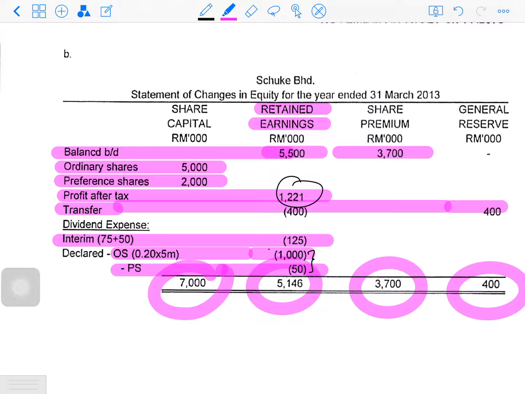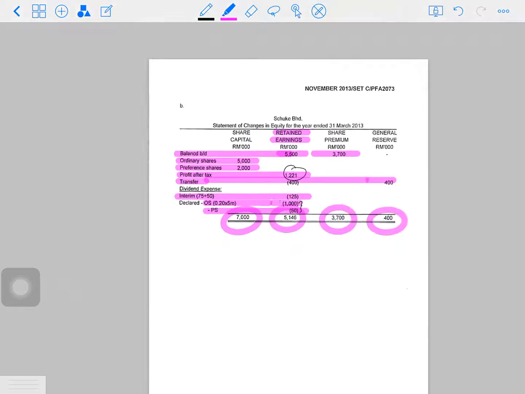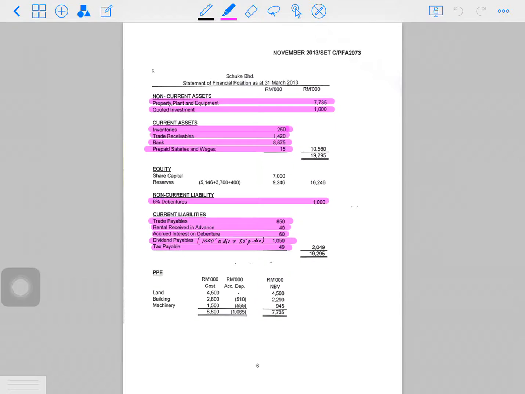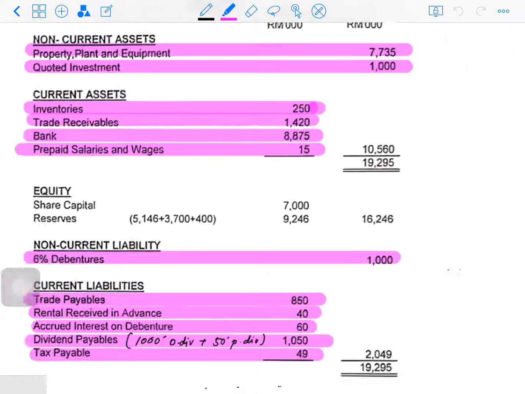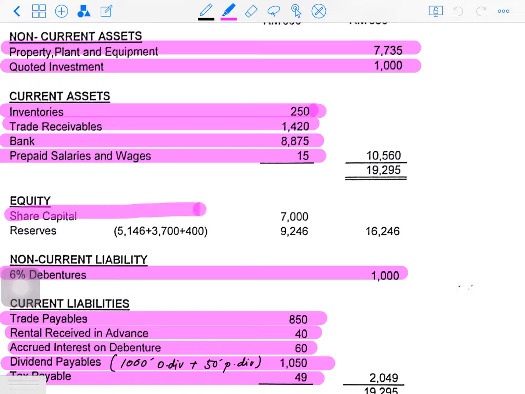So ordinary shares and preference shares total is 7 million. 7 million will be entered into your financial position. Okay, and then your next is your reserve. You have all these reserves: retained earnings plus share premium plus general reserve.